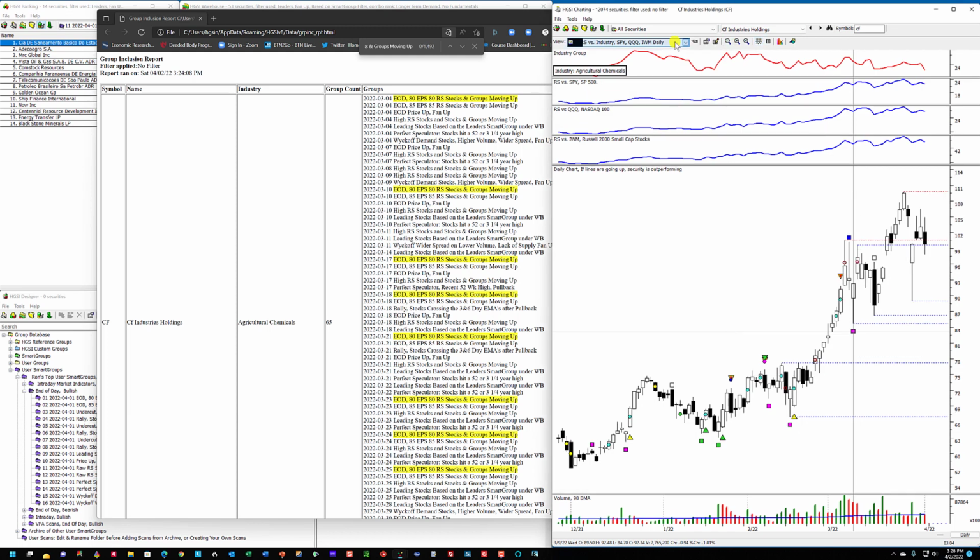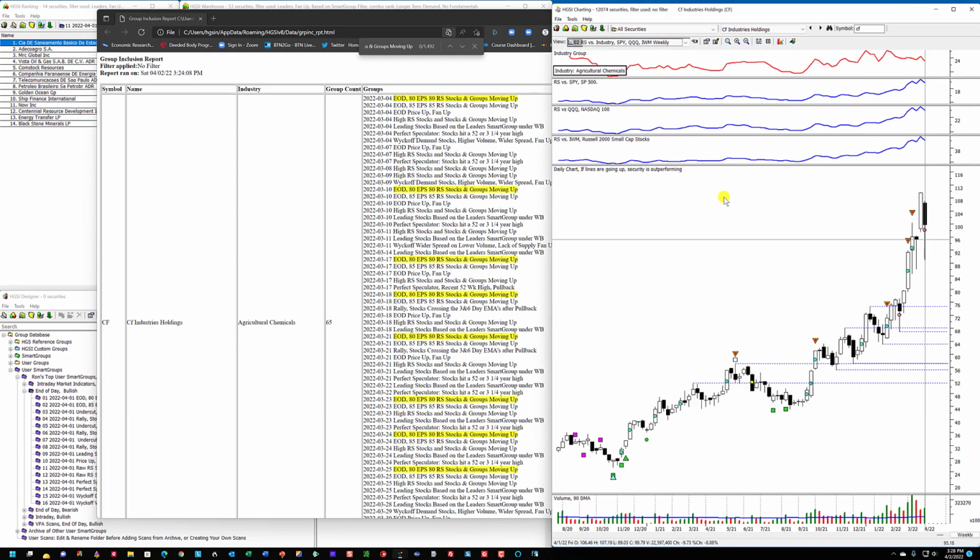Now I also, one chart down, have a weekly version of this chart, and you can see that over this time period when it was really moving up, look how it was outperforming all of the indexes, but at this point it was underperforming its group because the group was going down. That means that in the equal dollar weighted group, there were stocks that were actually stronger than this one throughout this period.